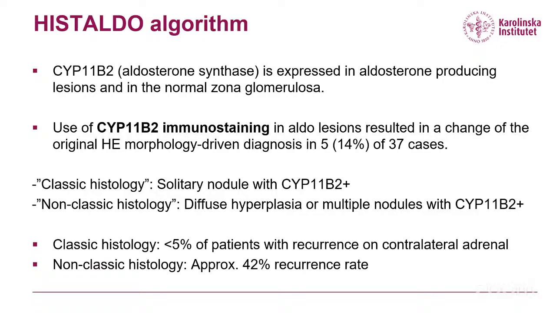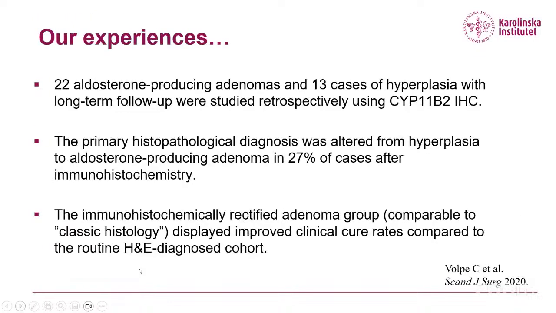Whereas cases with non-classic histology, which is basically numerous nodules with CYP11B2 immunoreactivity, suggest multiple nodules or a diffuse hyperplasia, which is endowed with almost 50% recurrence rate on the contralateral adrenal. So this was the first consensus study using this marker, which also led to the implementation of this marker in the WHO classification of endocrine tumors.